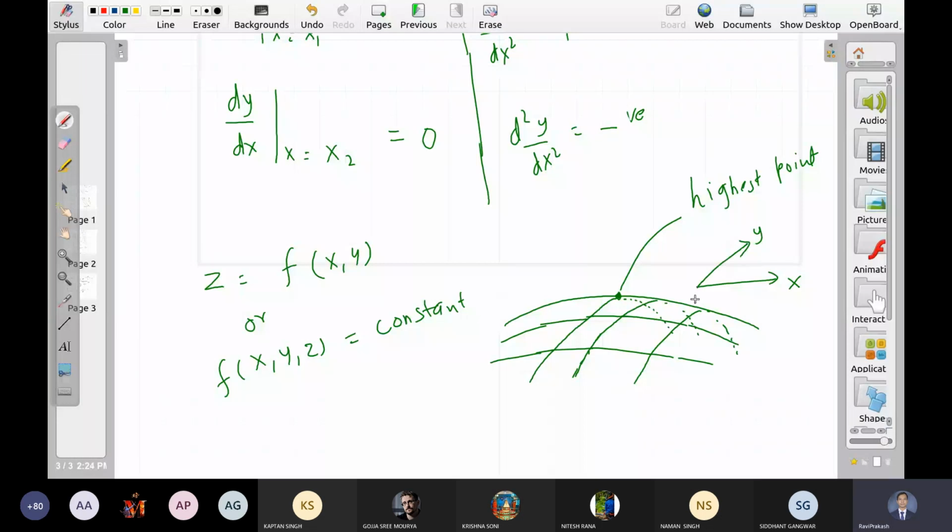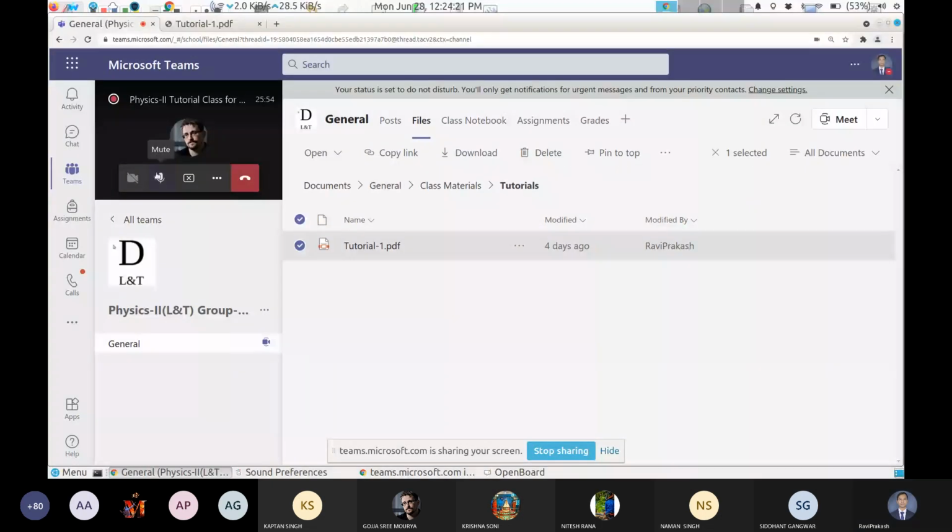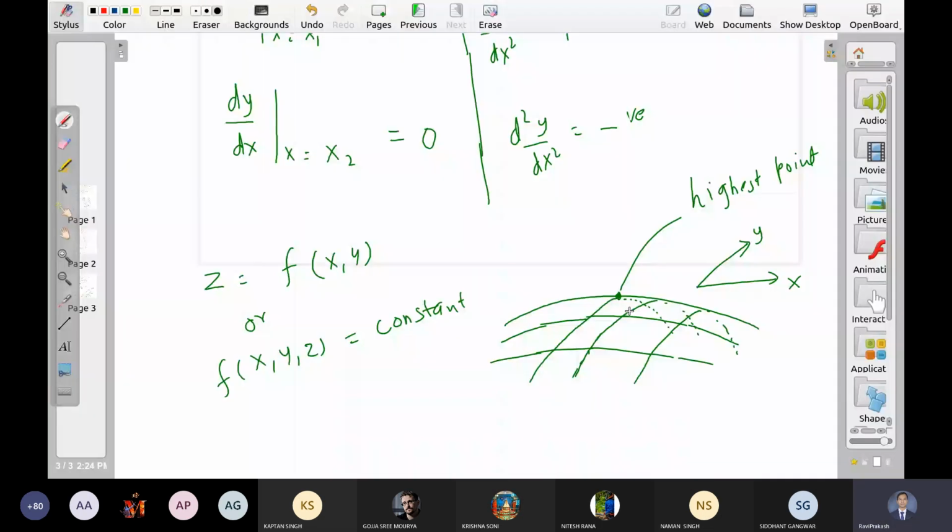So if you take the derivative along x, since this is the highest point, obviously del f upon del x is 0.